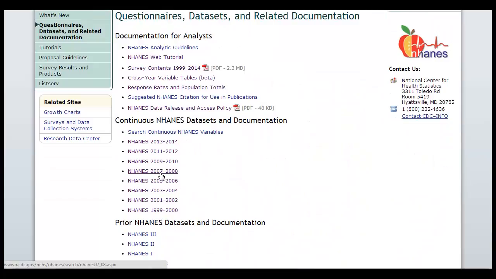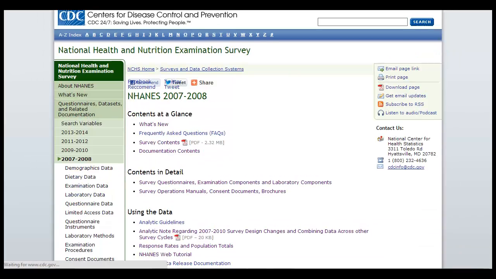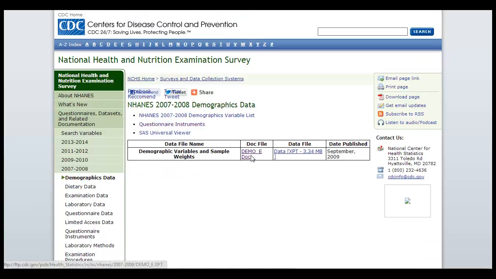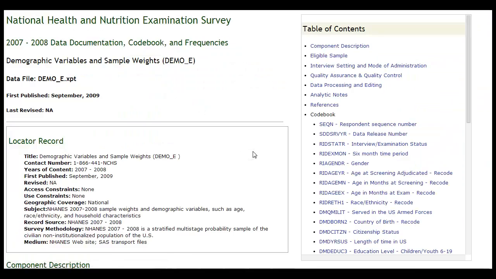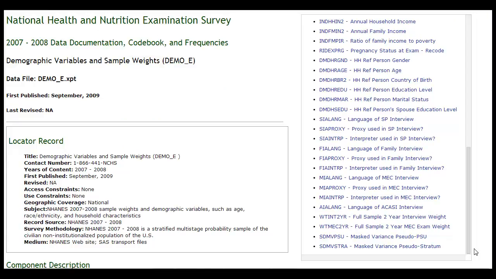my data are 2007 to 2010, so I'll look at the first of the 2007 to 2008 data. And in the demographics data set, in all of the cycles, you will find that there are two weight variables included, and they are these two right here. This is the full sample 2-year interview weight, and this is the full sample 2-year MEC exam weight.